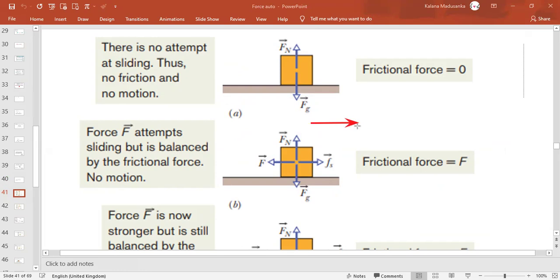And due to this force, what happened? There is a friction force applied in the opposite direction through the surfaces.